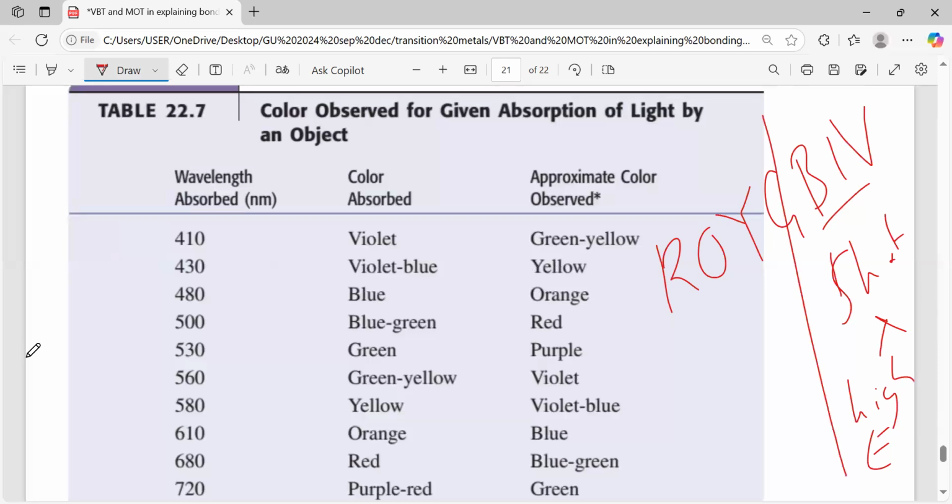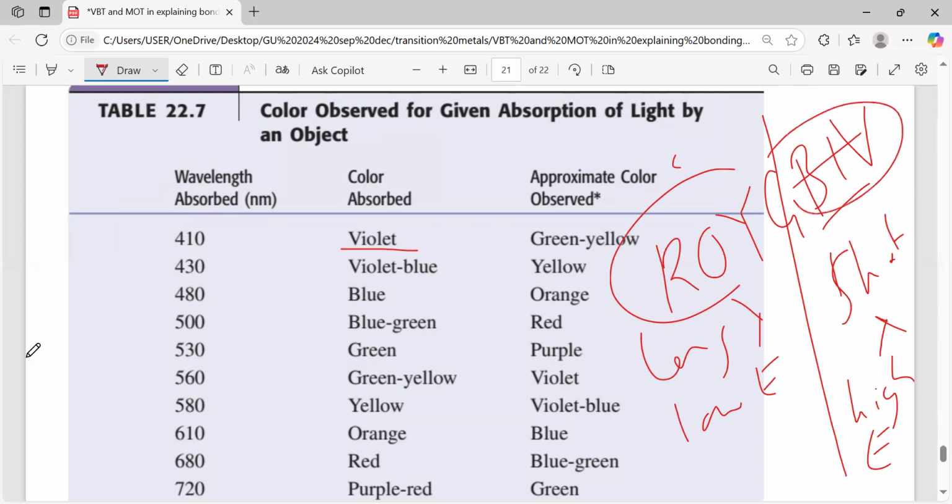And the other end is long wavelength, low energy. Okay. And if you absorb this side, this one is remaining, and that is your color. So the same story is here. If I absorb violet, which means I'm absorbing this end, what color remains? Yellow-green.